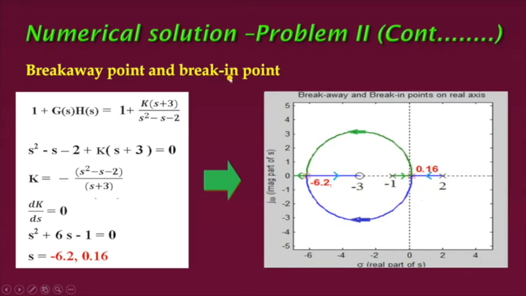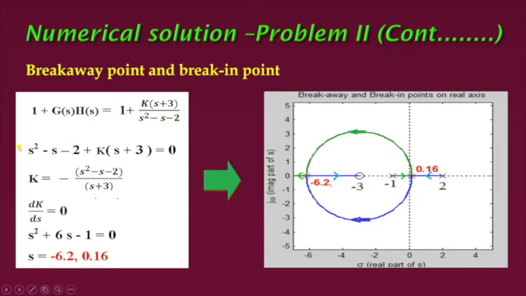Next, find the breakaway point and break-in point. Taking the characteristic equation 1 + G(s)H(s) = 0, so 1 + K(s + 3) / (s² − s − 2) = 0.